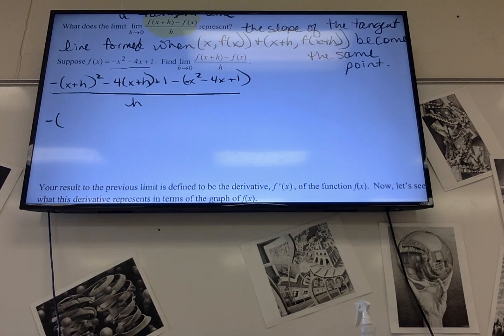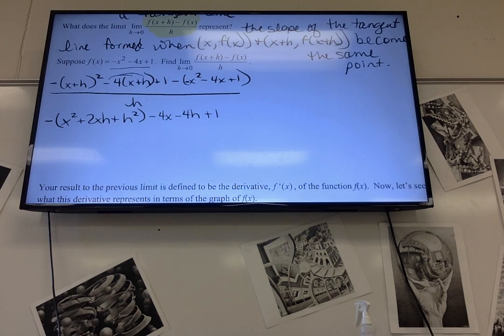X plus h squared. We FOIL it, use the shortcut. X squared plus 2xh plus h squared. That's all negative. I still have the parentheses there, but yes, you're right. Then we distribute the negative 4. Got minus 4x minus 4h.